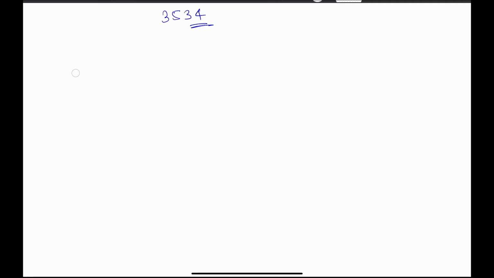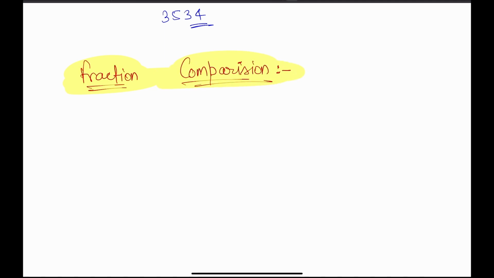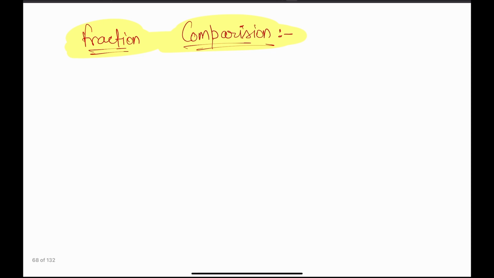That is nothing but fraction comparison. So there are also some ways to compare fractional values. The first form is the 1 by something form.